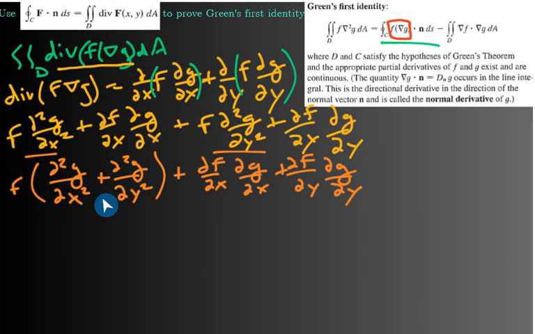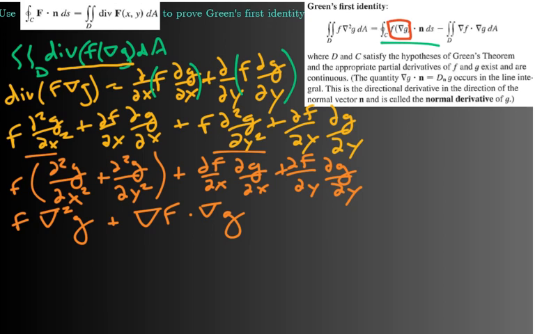So that is basically the same thing as just saying f times the del squared of g. That's all it is. And this part over here you could understand as a dot product of the gradient of f dotted with the gradient of g.